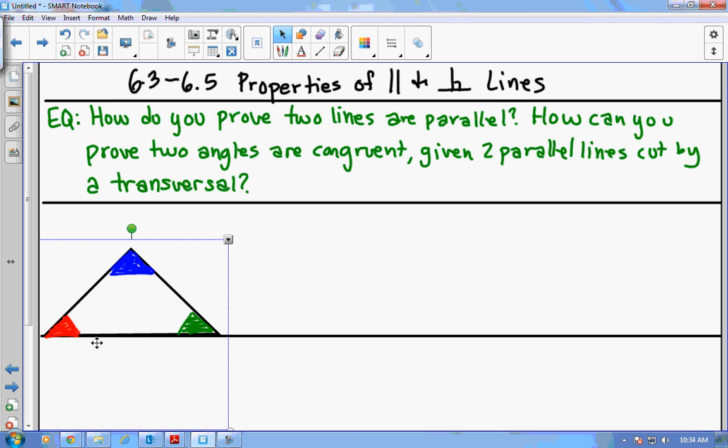You trace it, lift up your little stencil piece, go all the way to the left. Trace it, lift up your stencil piece, and color the angles.